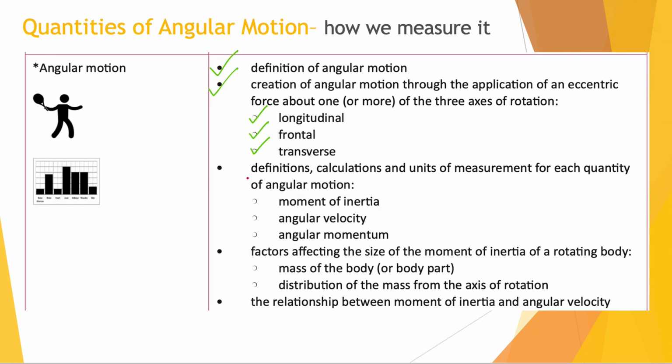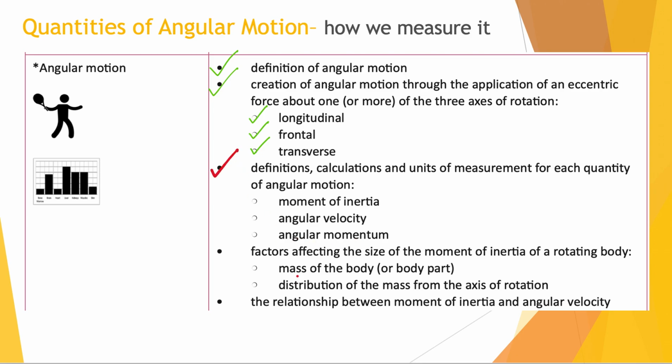So we've looked obviously at definitions of moment of inertia, definition of angular velocity and definition of angular momentum, and I've given you some sporting examples of where they can be seen and where they're really important in certain sports. We've also revised the definitions of inertia, velocity and momentum, those quantities of linear motion that we looked at last year. Plus revising the calculations and units of those things and adding on the calculations and units for angular motion for moment of inertia, angular velocity and angular momentum.